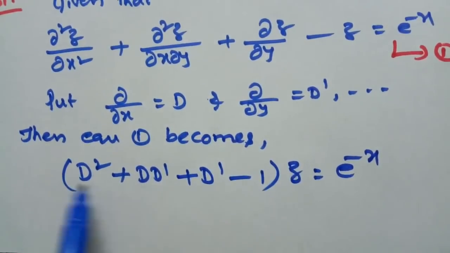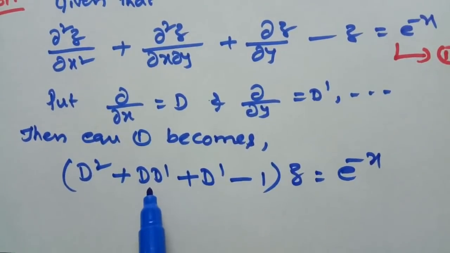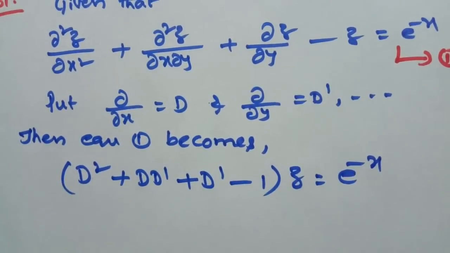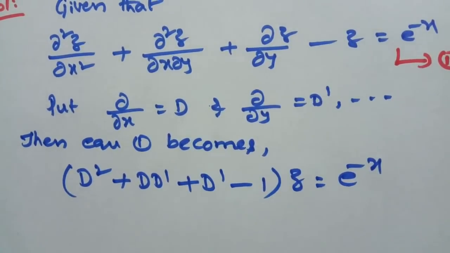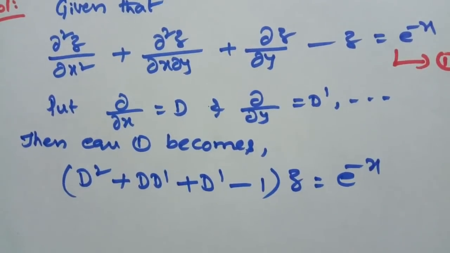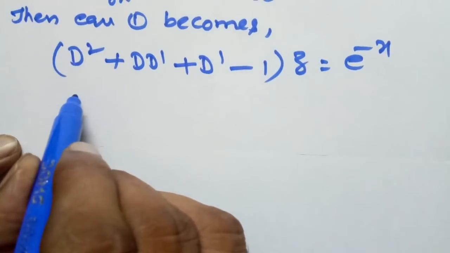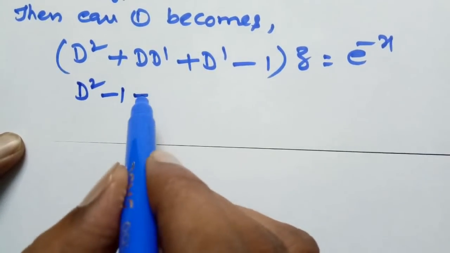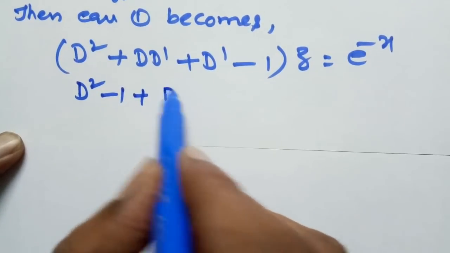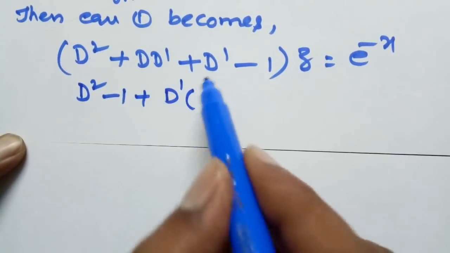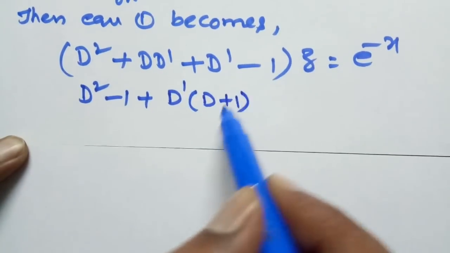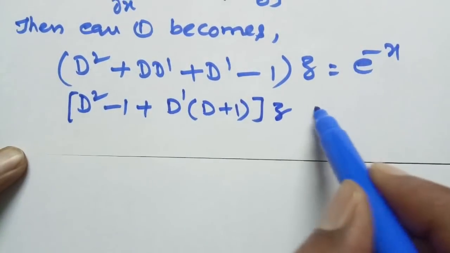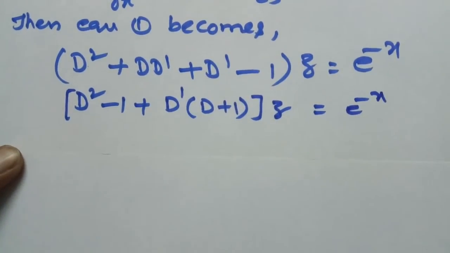Therefore, resolve this polynomial in D' into linear factors of the form D - mD' - c. This can be written as (D² - 1 + D'(D + 1)) z = e^(-x).